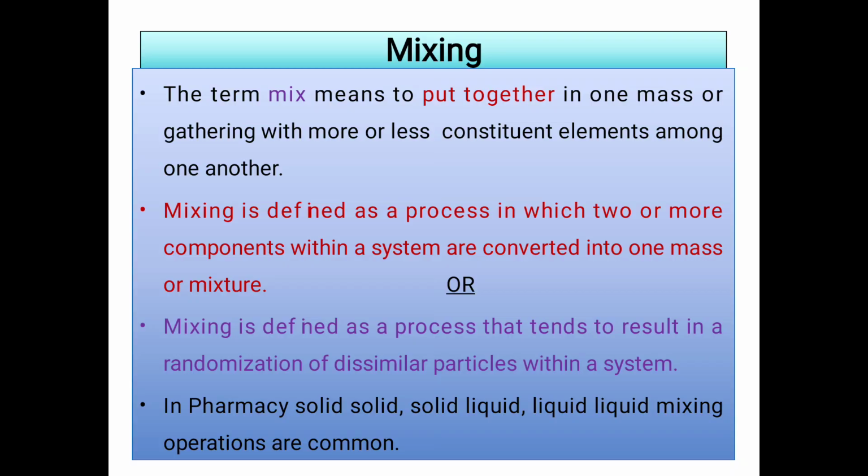Mixing is important in manufacturing of dosage forms. For manufacturing syrup, we need a solvent, water, and sucrose. When sucrose and water are mixed with each other they form a syrup. That's why mixing is an important step.